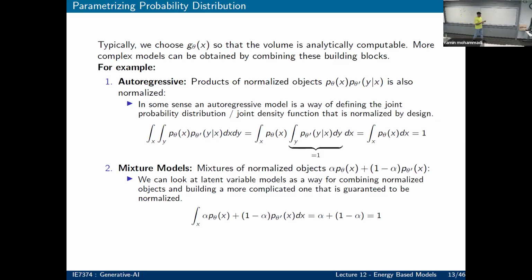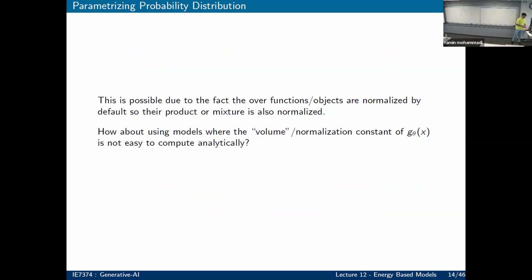The only thing you need is a mixing coefficient alpha, times one model, plus 1 minus alpha times the other. That guarantees it will be a valid distribution; it always goes to 1. So autoregressive models and mixtures of models both have that.